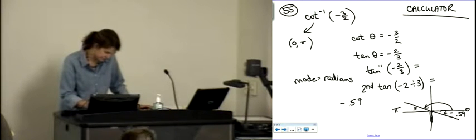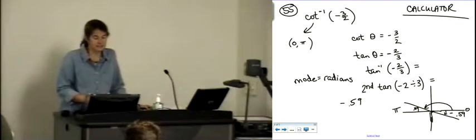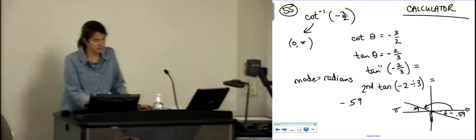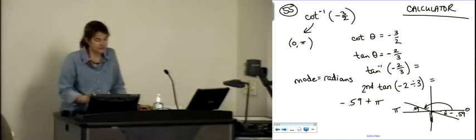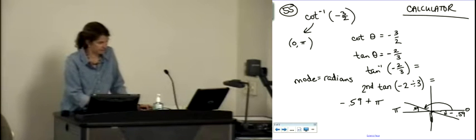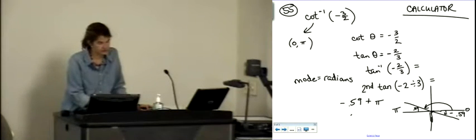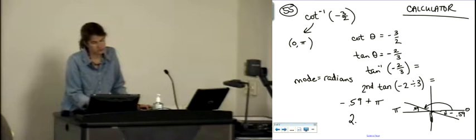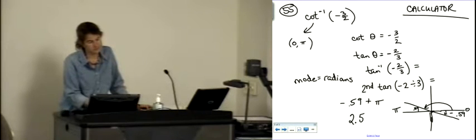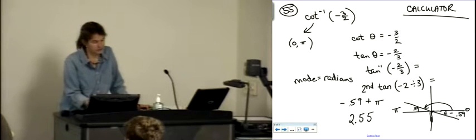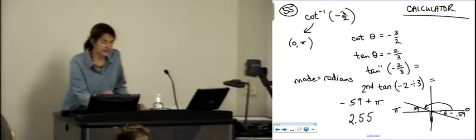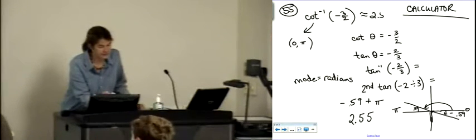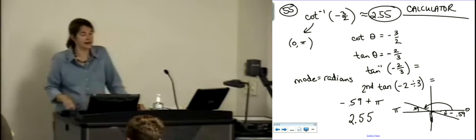This little piece here is also 0.59. So if we take pi minus that, or what you got on your screen plus pi, what does that give you? Approximately 2.55. So that's our answer: the angle that's 2.55.